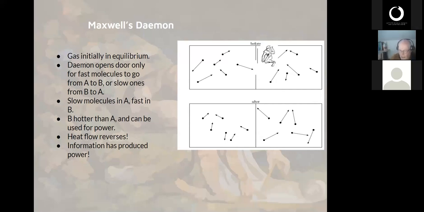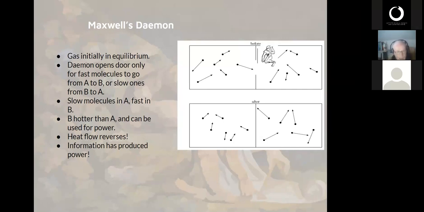So the idea of very small devices which let through individual molecules, though it wasn't known of in Maxwell's time, is not unrealistic. What happens after a while is you get all the slow molecules on the left-hand side and the fast ones on the right-hand side. So you've reversed heat flow.